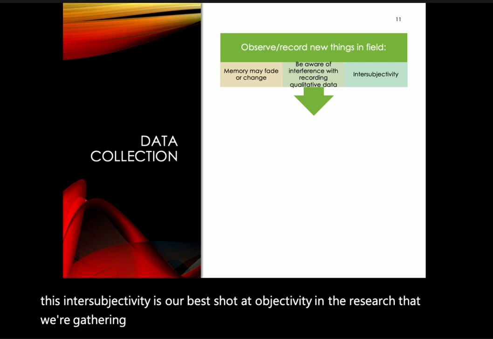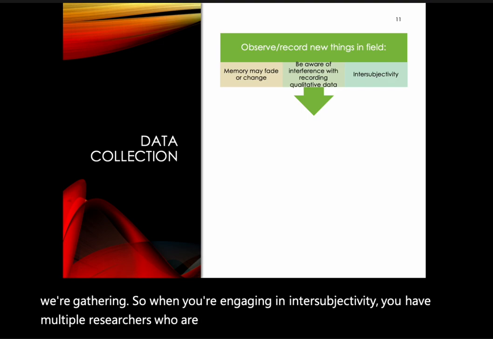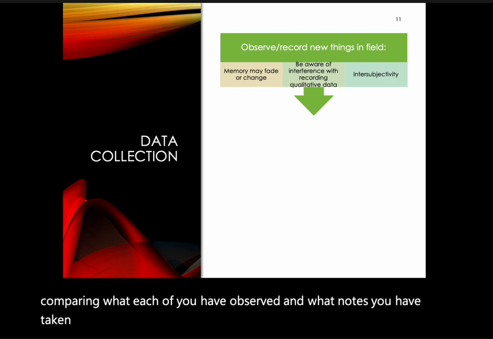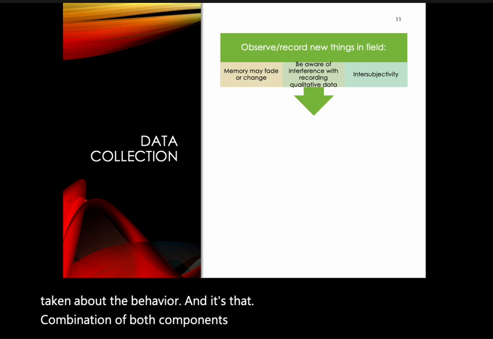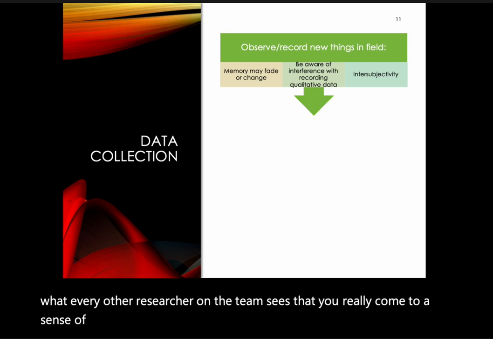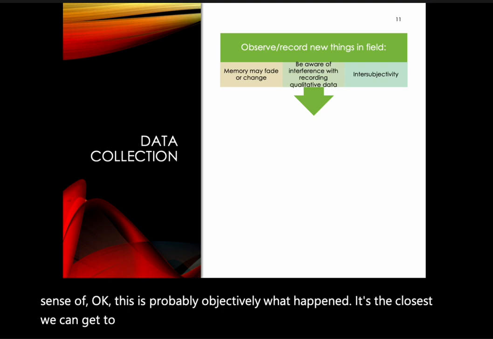So when you're engaging in intersubjectivity, you have multiple researchers who are observing the same thing, and then you're comparing what each of you have observed and what notes you have taken about the behavior. And it's that combination of both components, both what I see and what you see and what every other researcher on the team sees, that you really come to a sense of, okay, this is probably objectively what happened. It's the closest we can get to that objectivity.